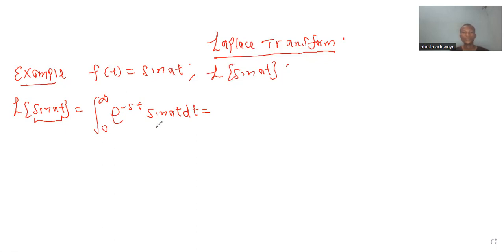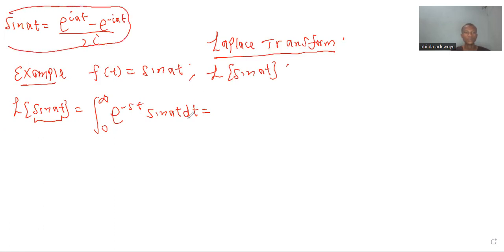And don't forget, recall that sine at is equivalent to exponential i at minus exponential minus i at, over 2i. So since we know that sine is equal to this, can we substitute?